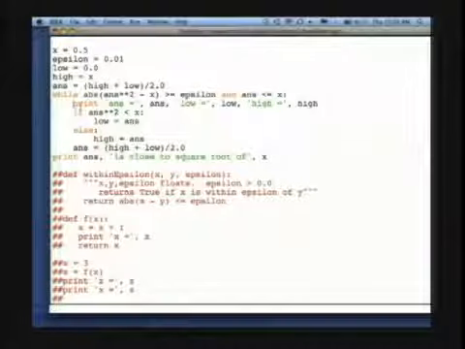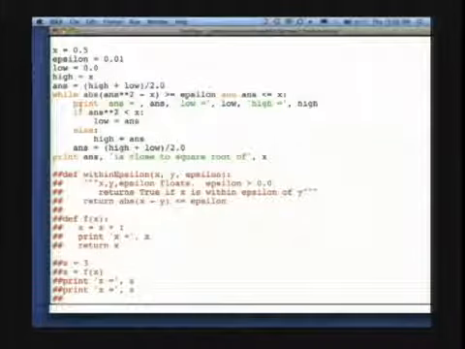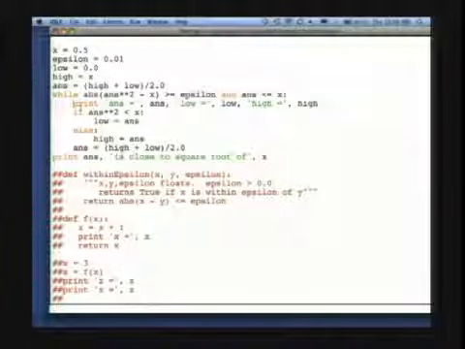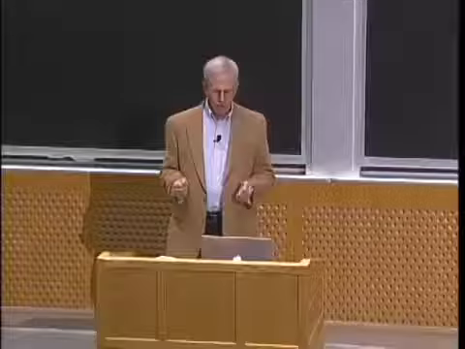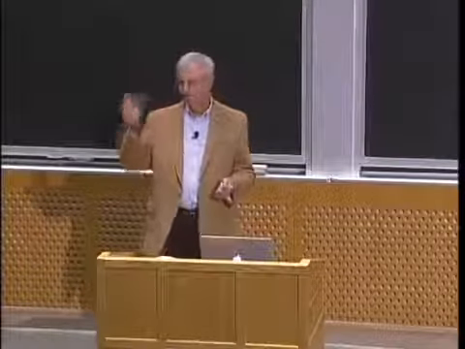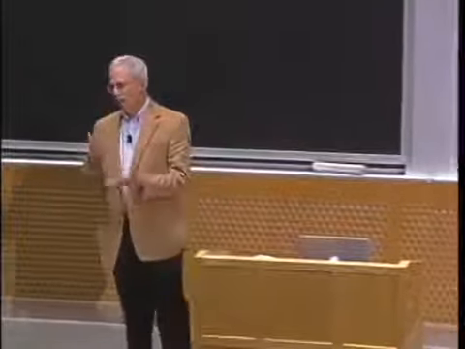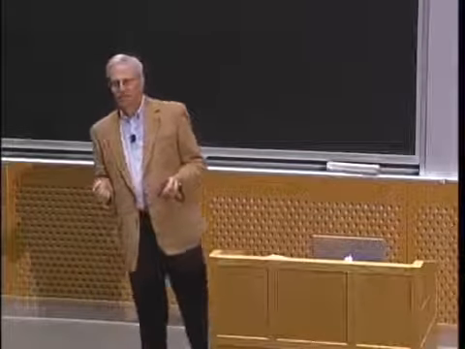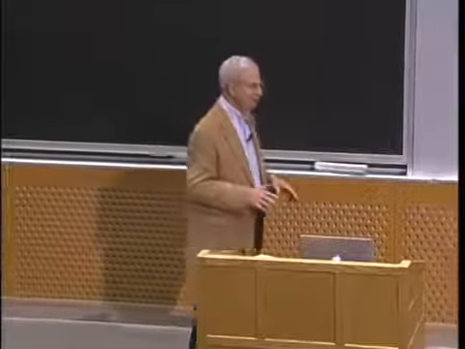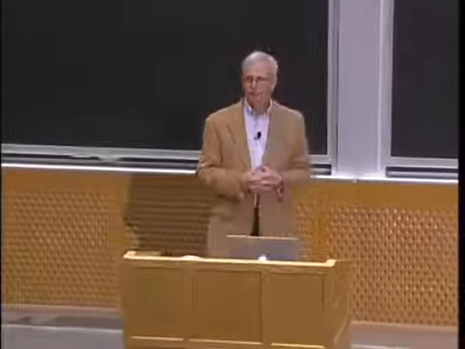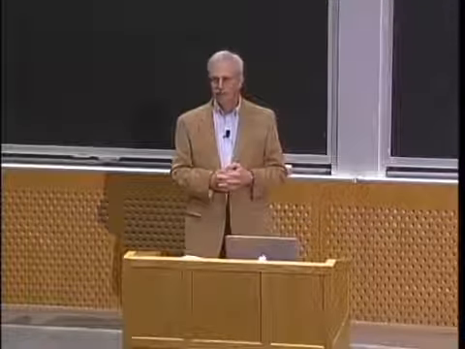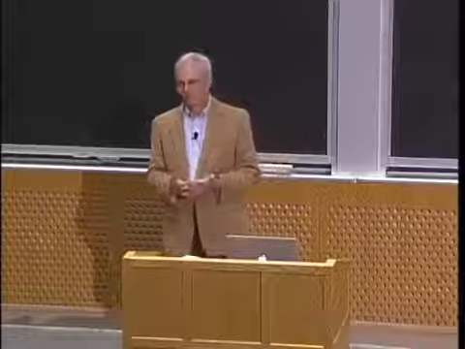Notice, by the way, that I actually went to the trouble to type ans equals ans, low equals low, et cetera. A lot of people would just say, okay, I'm going to print, and they'll type ans, comma, low, comma, high. And then when they run the code, they'll forget which is which. The most common problem that people have in debugging programs is that they are lazy.